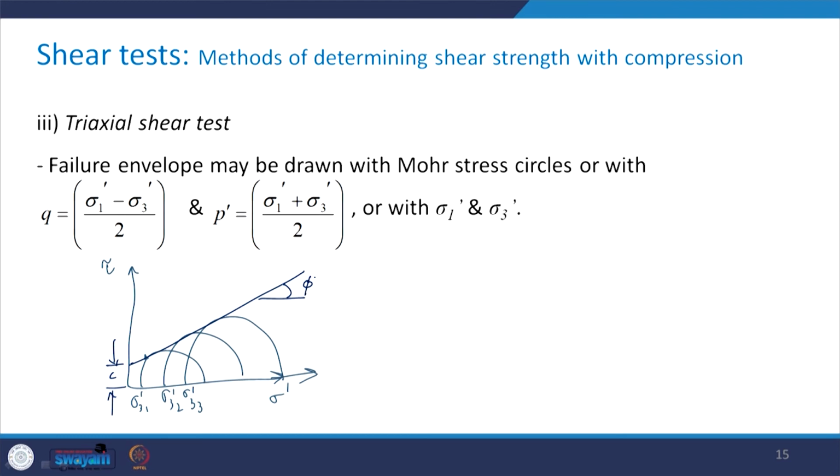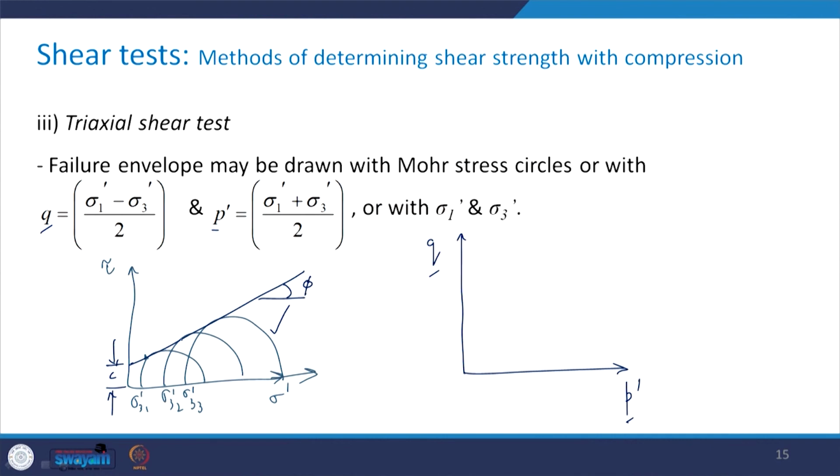Now, in case you plot it with Q and P prime, what is done in that case? See here, we have P prime and here you have Q. So, instead of representing the state of stress with the help of a circle, which is the case when you have the Mohr stress circle, in this case you represent the state of stress by a point in Q-P prime space.